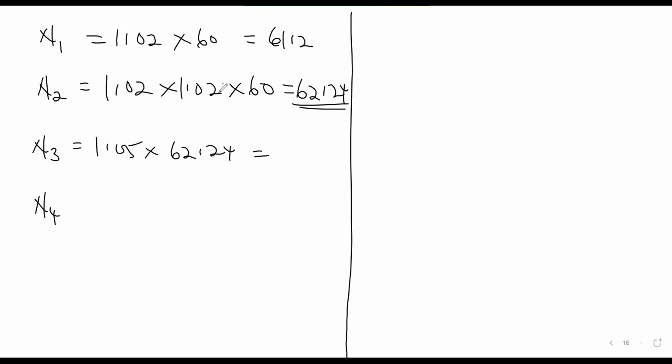Let's multiply. 62.24 times 1.05. Okay, 65.35.